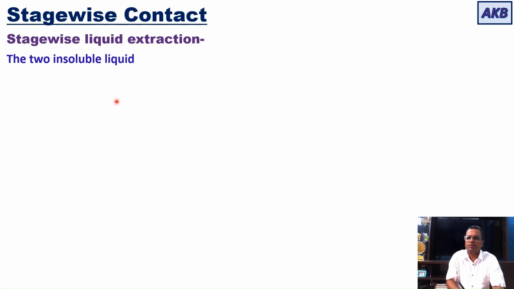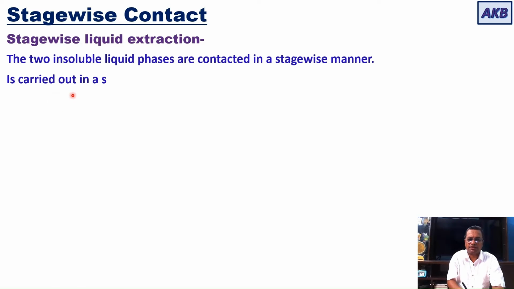To begin with, we will summarize stage-wise liquid extraction. In stage-wise liquid extraction, the two insoluble liquid phases, that is the feed solution and the solvent, are contacted in a stage-wise manner. It is carried out in stage-wise contact equipment, which has stages in which the two insoluble phases are contacted.